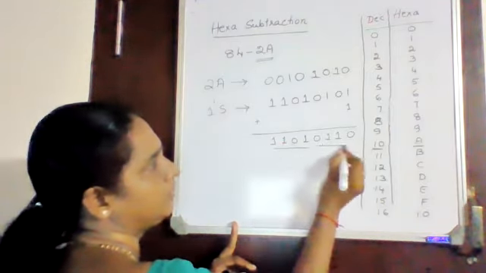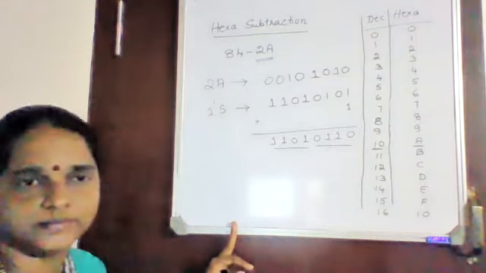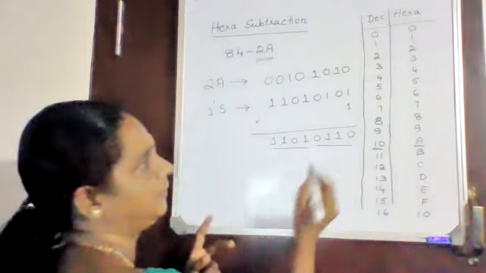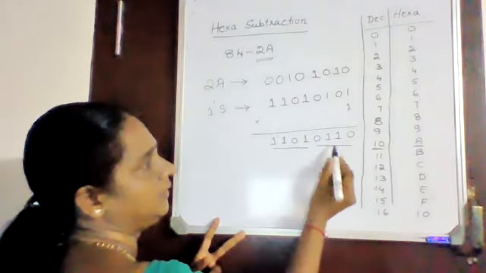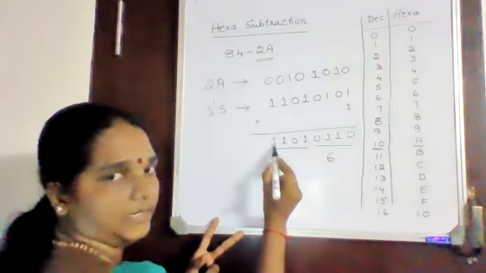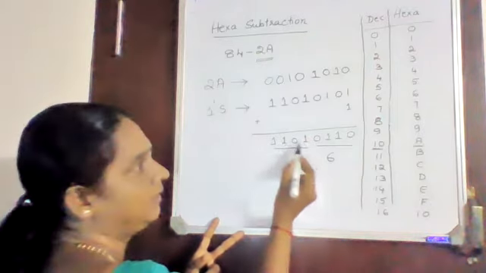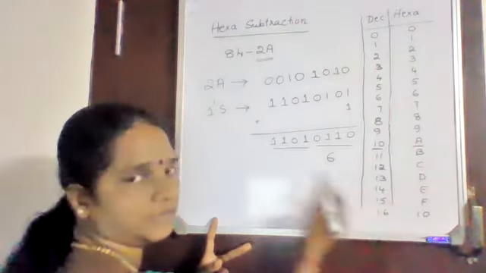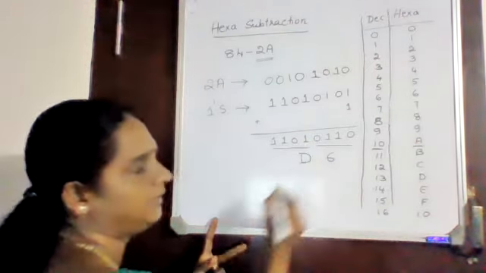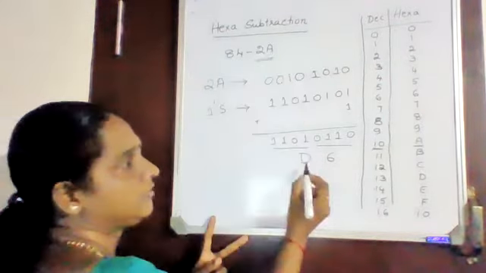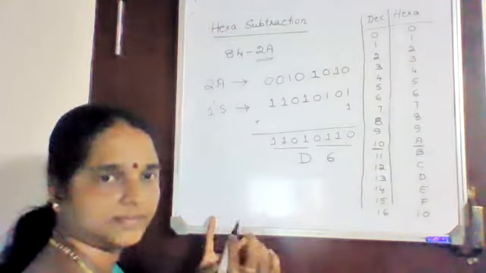Make groups of 4 bits. Equivalent hexadecimal number: this is 13, nothing but D, and this is 6. So this is D6. Therefore, this 2A is to be written as D6.